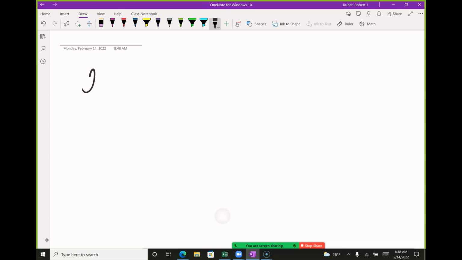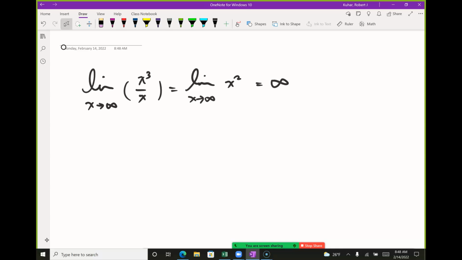So let's look at the limit as x goes to infinity of x cubed over x. Well, I can already simplify this function to be x squared, and that obviously is going to infinity. Just thinking about that original x squared function, where is it going as x goes to the right? It's going up to infinity.